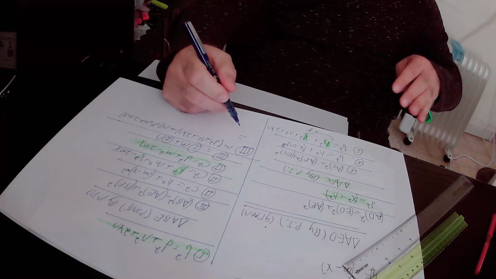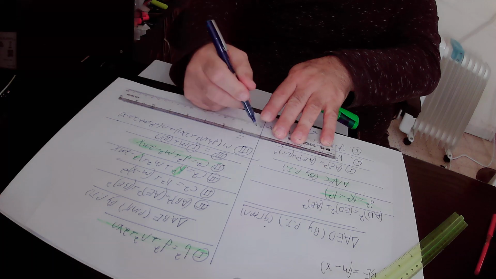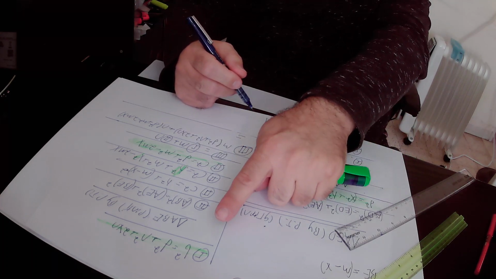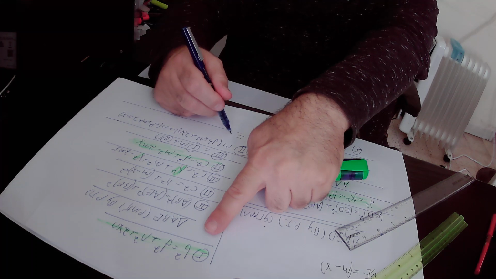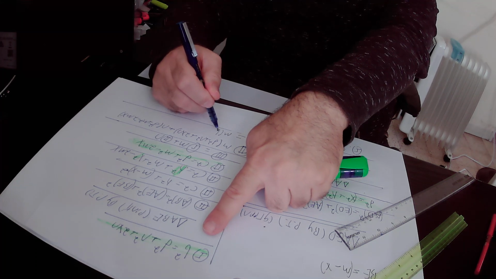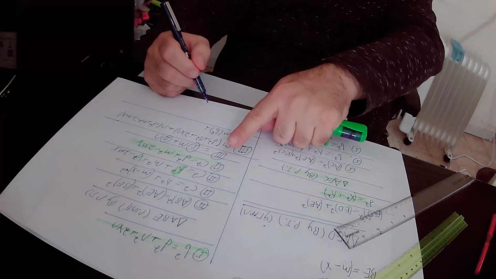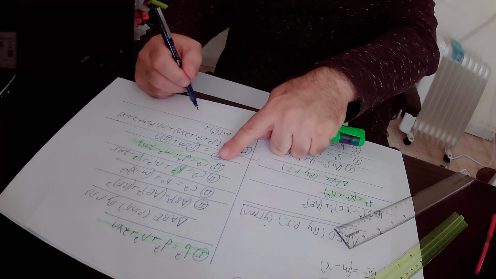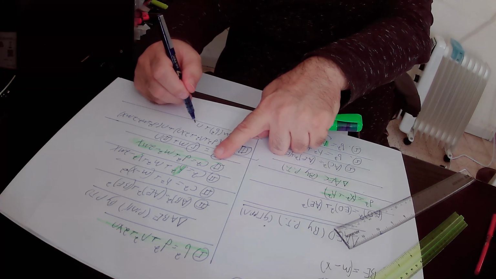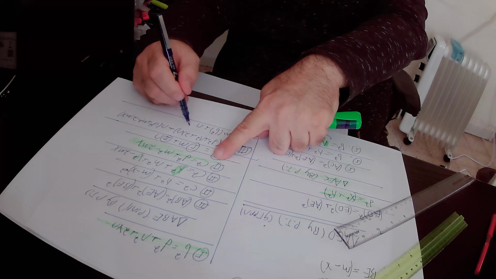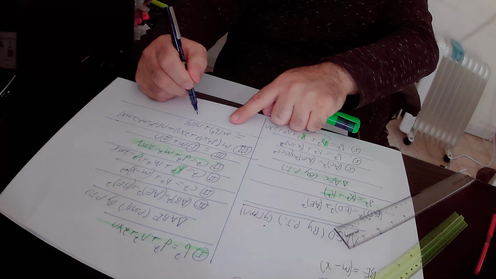In the next step, we will multiply the left side of equation number 1 by m. That is to say, it is m times b squared, plus we will multiply the left side of equation number 2 by n, that is to say it is n times c squared, and then we will add the two sides together.